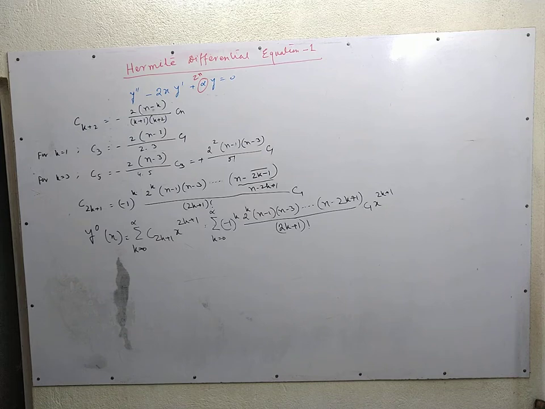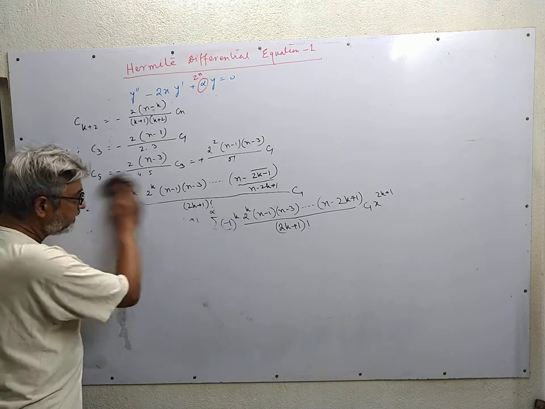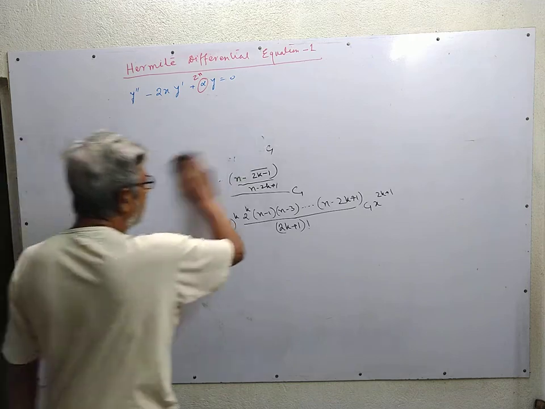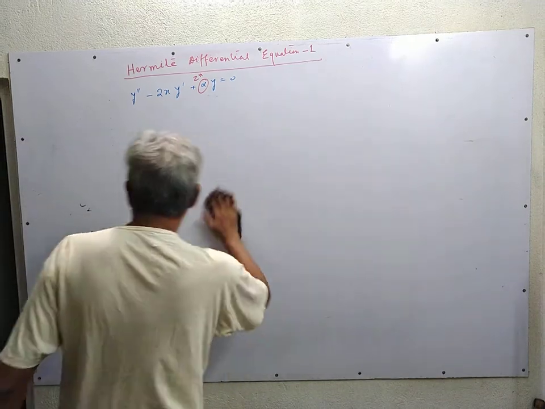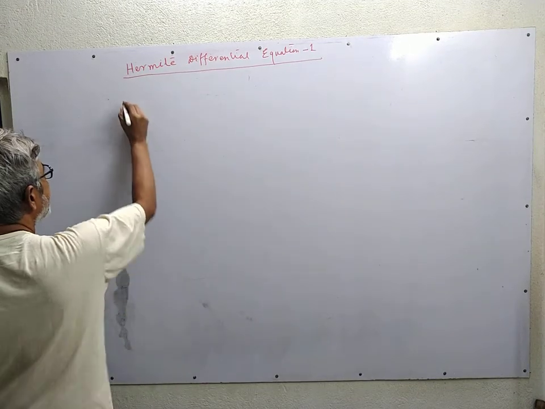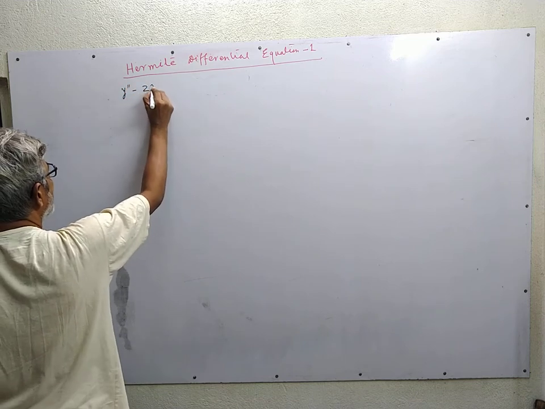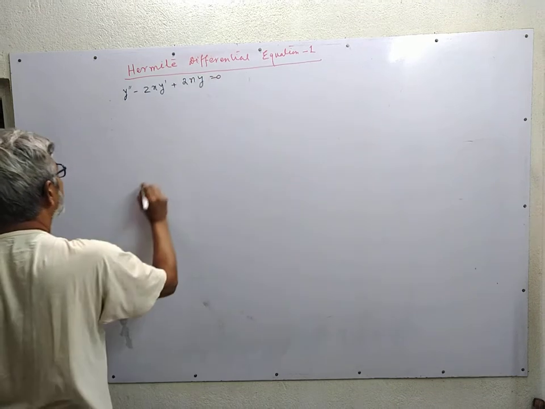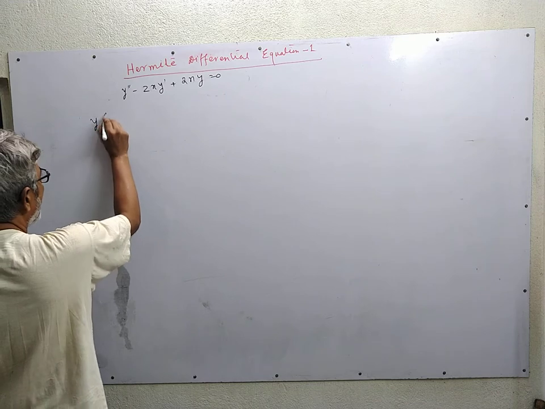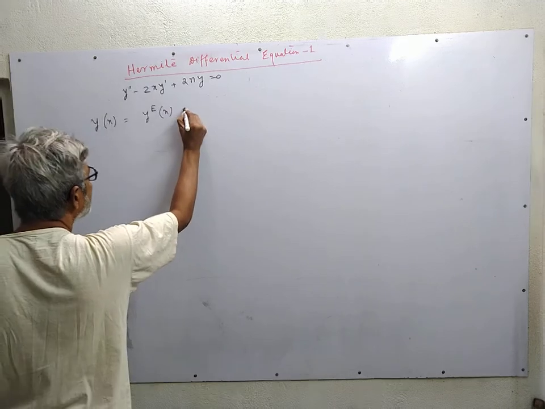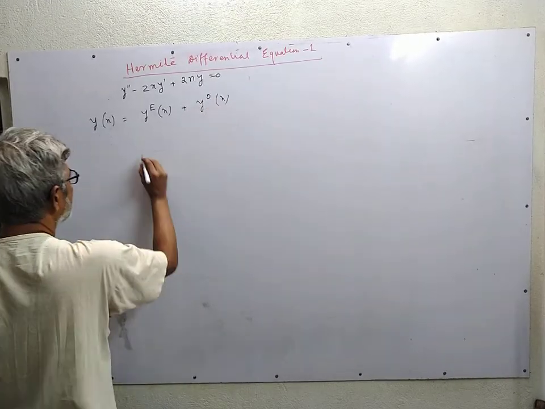Now we want to find out the expression for Hermite polynomial. So we see that in general the solution of the Hermite differential equation comprises two parts. One is which we call even. So first we write the Hermite differential equation, minus 2x, and the solution is y of x is equal to y even of x plus y odd of x.